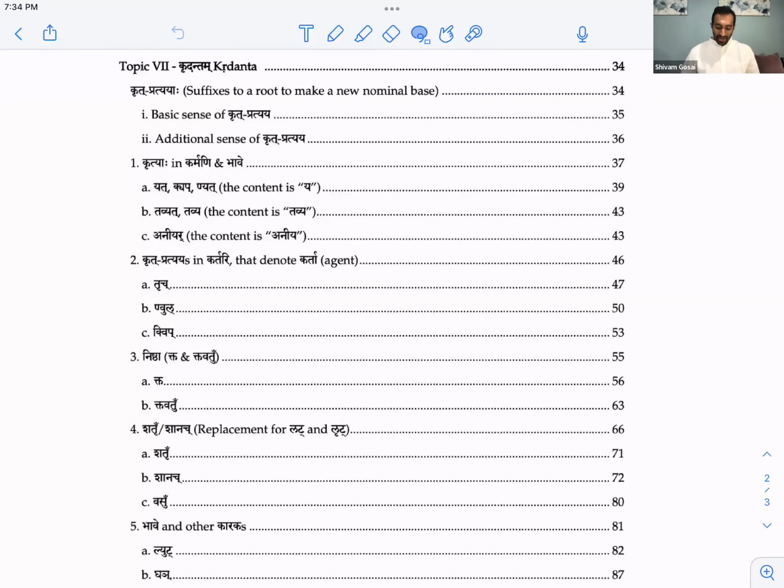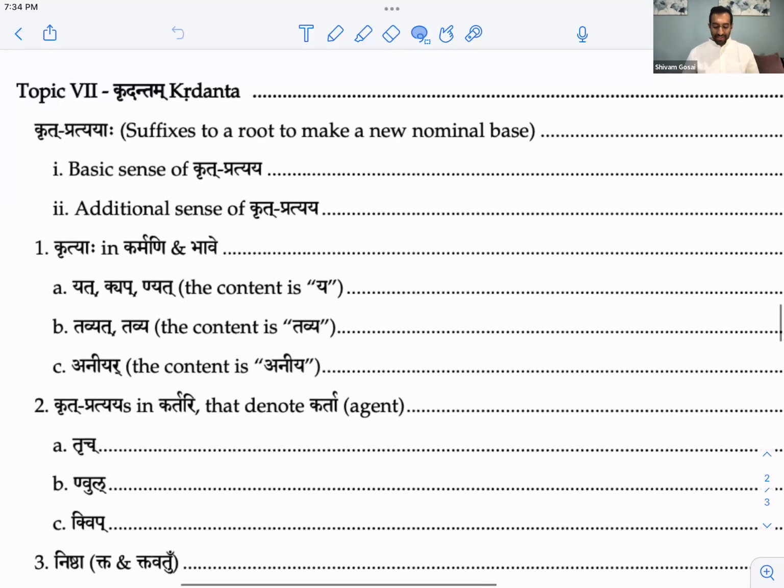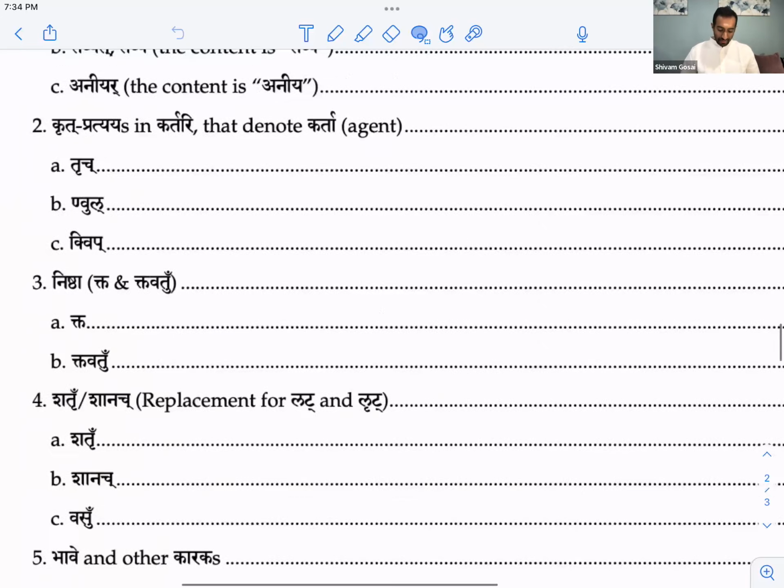But what we do is we're adding Krit pratyayas, the suffixes, and we add these Krit pratyayas to a root, to a dhatu, to make a new nominal base, meaning pratipadika. So we're adding Krit pratyaya to a dhatu, and we get a new pratipadika. We've seen a number of these so far.